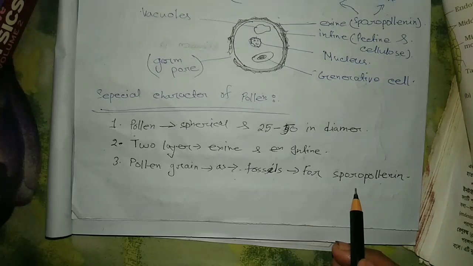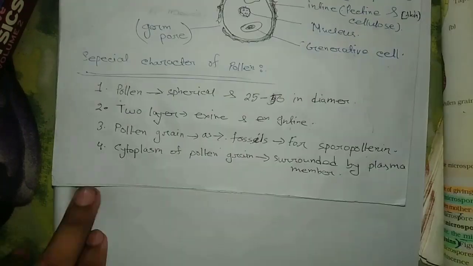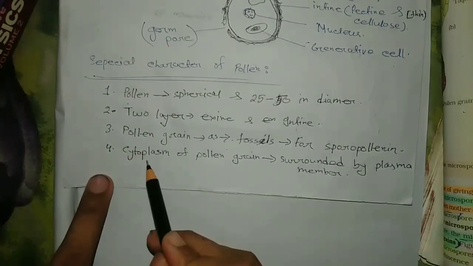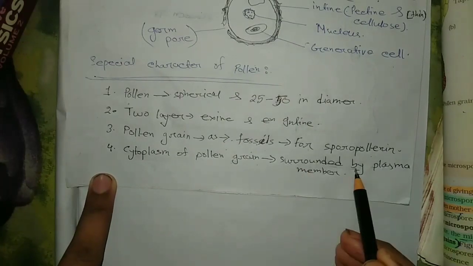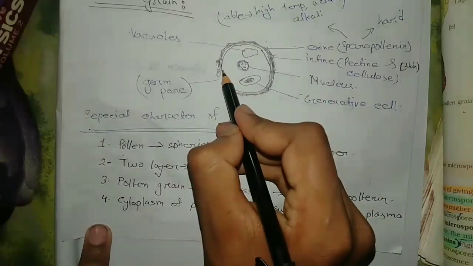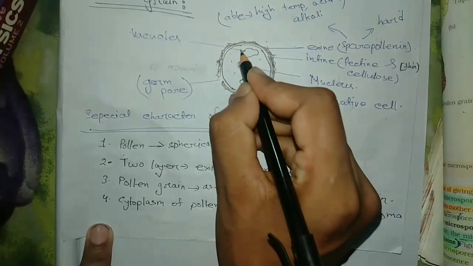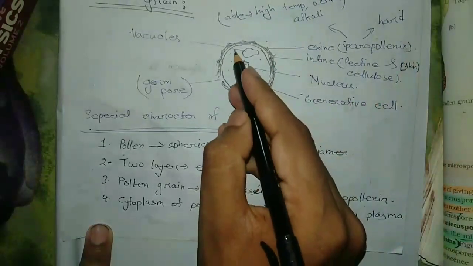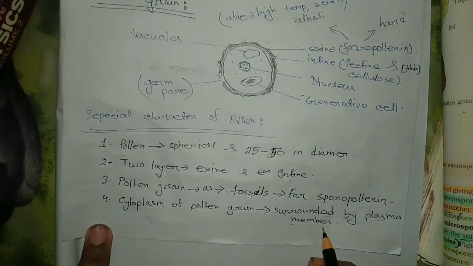Sporopollenin represents the outer layer of a pollen. The cytoplasm of a pollen grain is surrounded by plasma membrane. In this layer, so much cytoplasm is present. It is surrounded by plasma membrane.